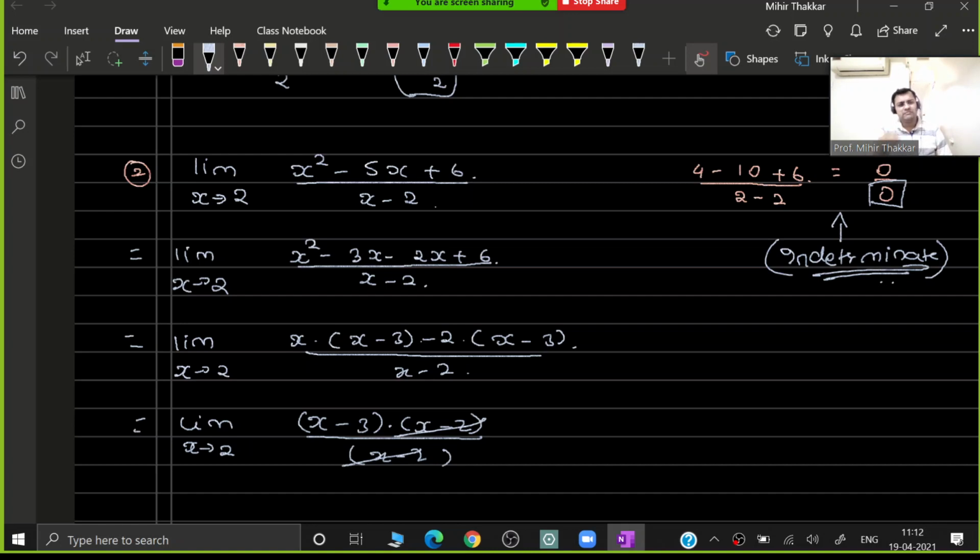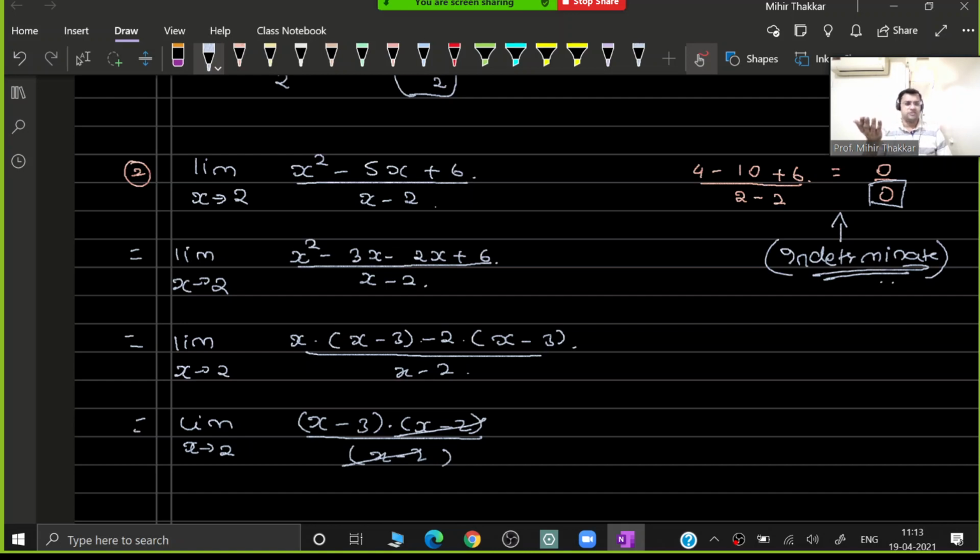Just remember a simple idea: whenever you come across a question having polynomials in the numerator and denominator, the easiest idea is to always cancel off the common factor. Sometimes the common factor is given, like here in the denominator. Sometimes you may not be given it, so you will have to factorize both the numerator and the denominator.